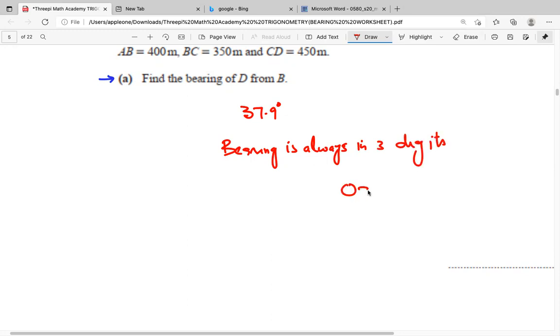So this becomes 037.9 degrees. That's the answer. Okay, first part is done.